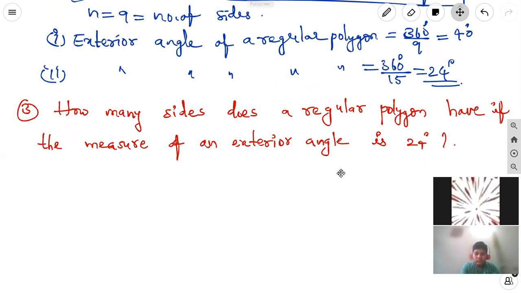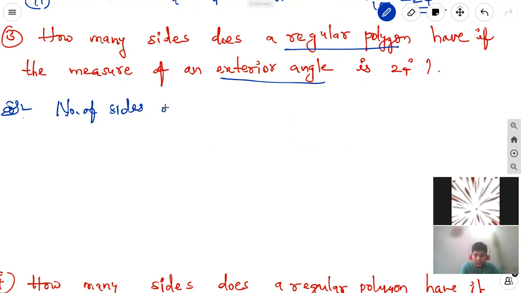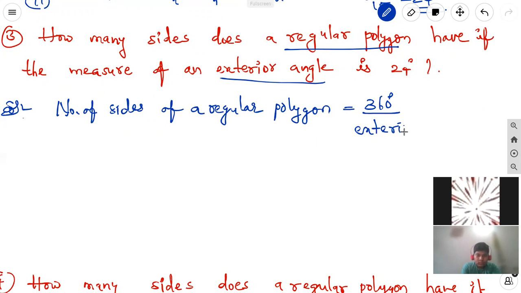Third question. How many sides does a regular polygon have if the measure of an exterior angle in a regular polygon is 24 degrees? See, here we know the exterior angle. We have to find out the number of sides, means the number of sides of a regular polygon is equal to 360 degrees by exterior angle.